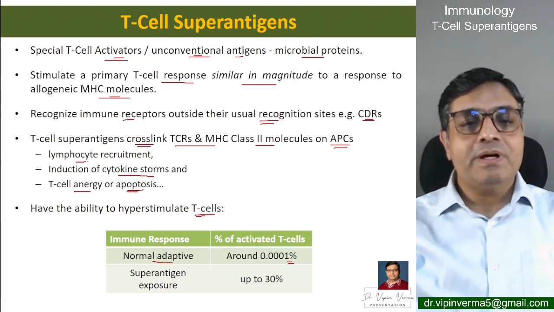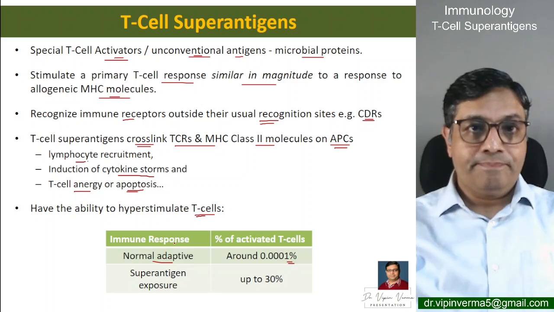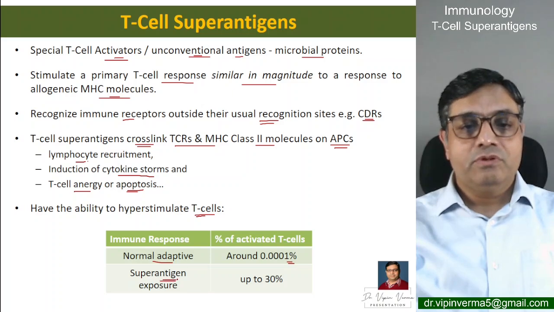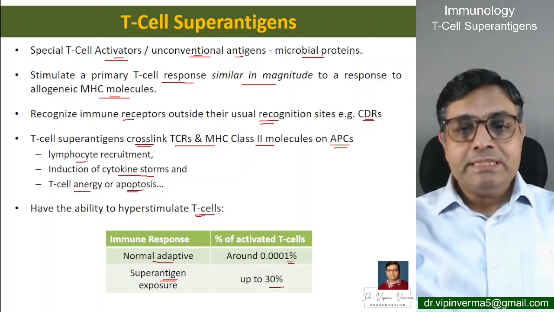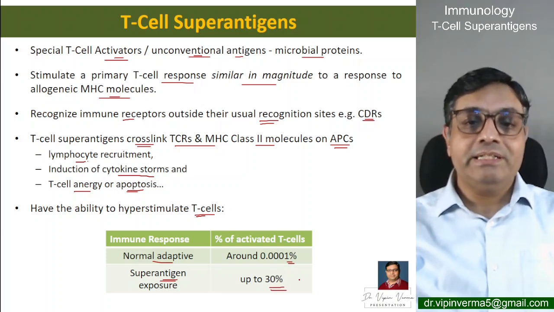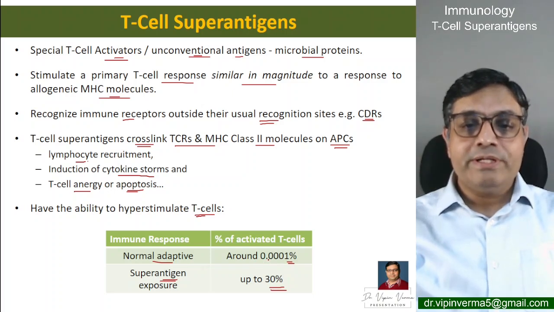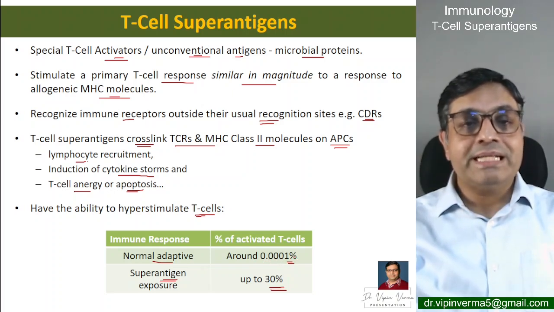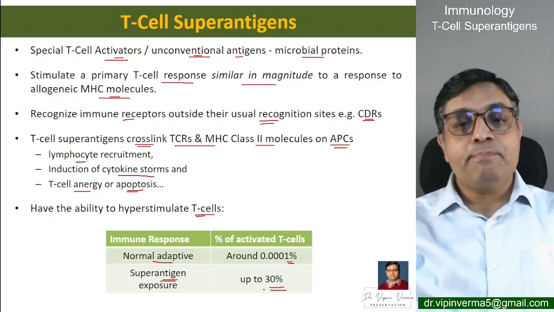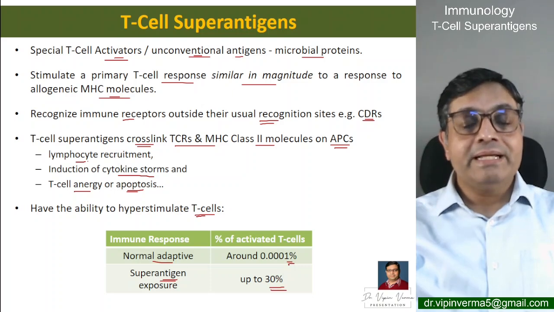But when superantigen stimulates, the immune response causes up to 30% of T cell activation. Can you imagine? The normal is just 0.0001% of the cells stimulated, but superantigens can stimulate up to 30% of the total T cells. So how much harm they can do inside the body.